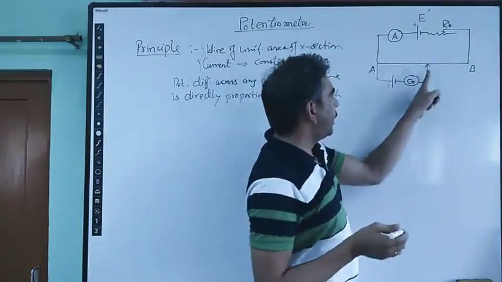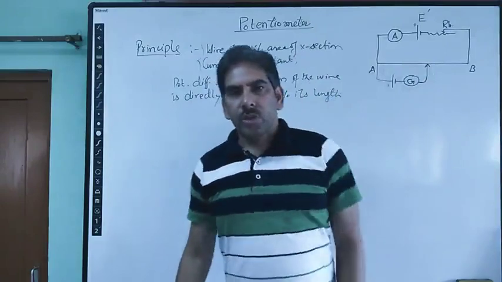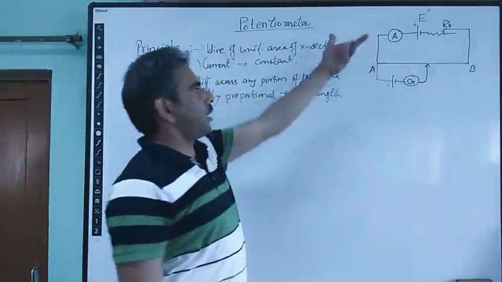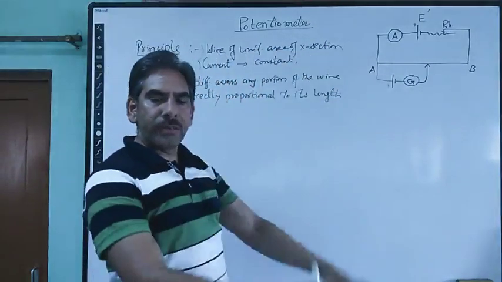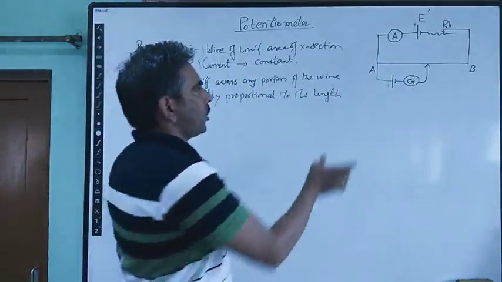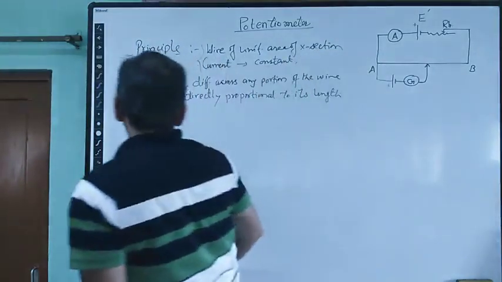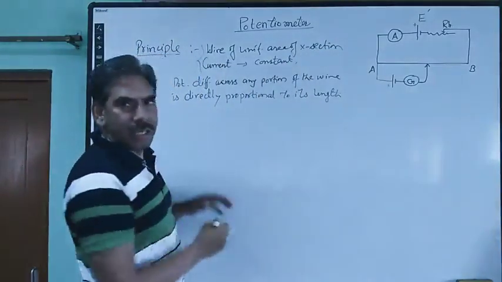So we are connecting a pointer to the other end of the galvanometer. So if we maintain a constant current through a uniform area of cross section of the wire, in that case the potential drop across any portion of the wire will simply be known by its length.